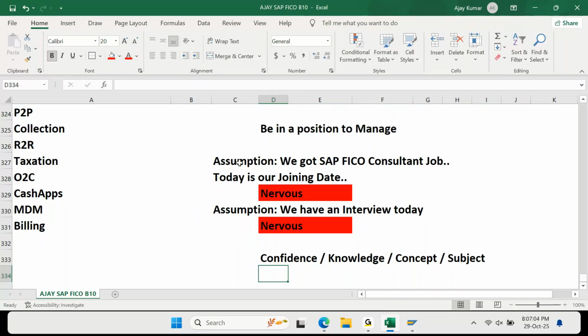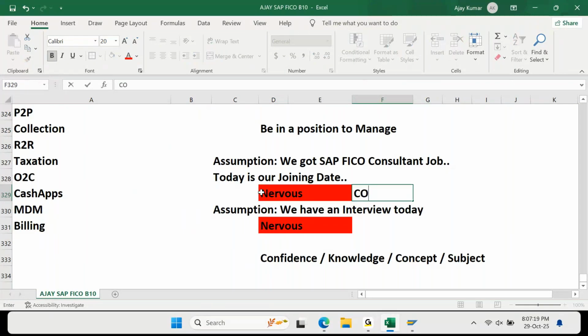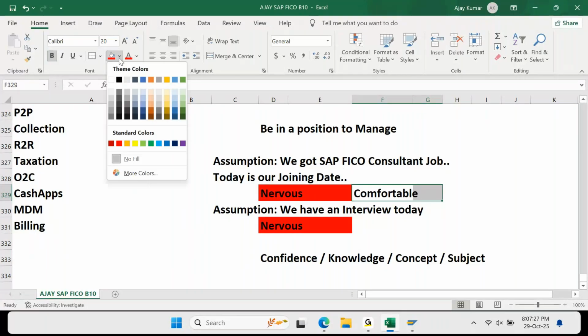If you take these assumptions, you will act in such a way that nervous will be replaced by comfortable. Right? Instead of feeling nervous, you should feel comfortable, right? Agree or not? Yes, sir. You should feel comfortable because you know what is going to happen. You know how you can handle it.